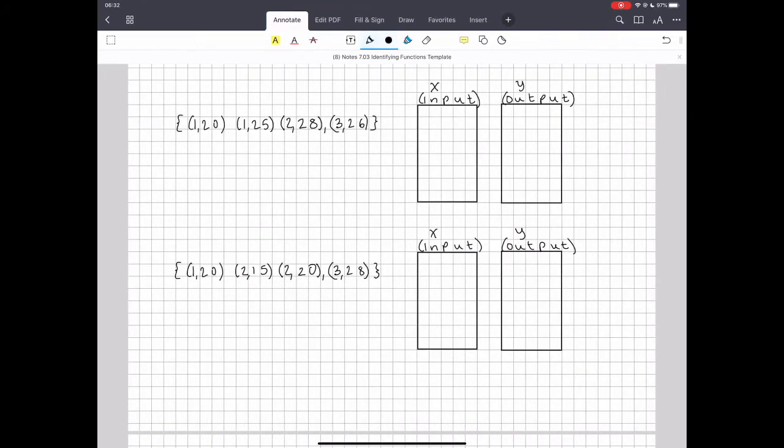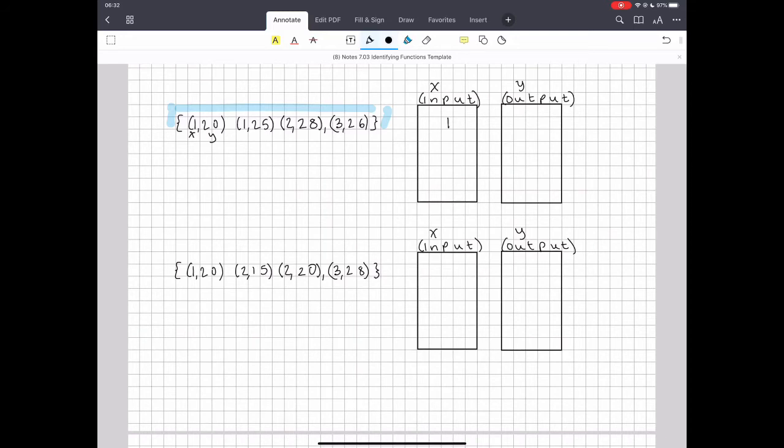So let's look at some examples and we'll determine if these relations are functions. So we have a set of data here and we're going to input this set into our mapping diagram. Remember, x is our inputs, y is our outputs. So here's an x, and that's my y. So the first one I'm going to enter in is a 1.